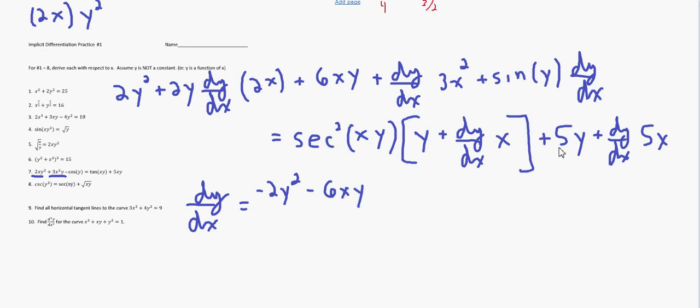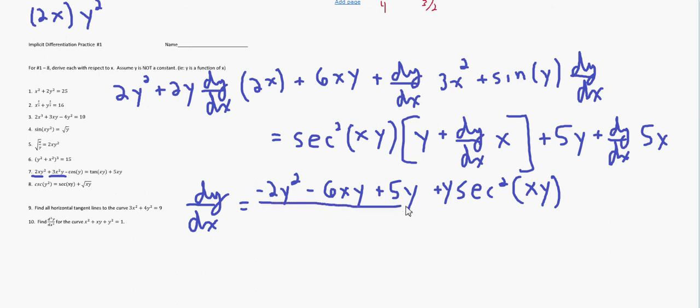Then on the right-hand side, the things without a dy/dx are plus 5y. So we'll be here, plus 5y. And if you distribute this secant squared xy into this parentheses, you're going to have y secant squared xy. Okay, and there's a y up front you can just put there. And now everything else is a dy/dx, which means we're going to move it to the right-hand side and factor out.